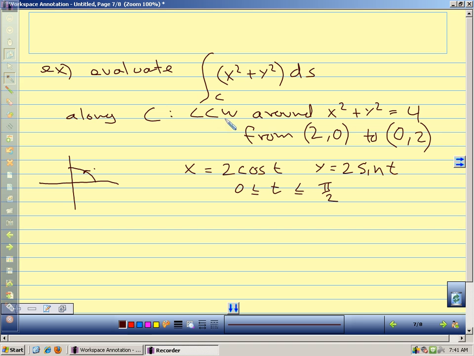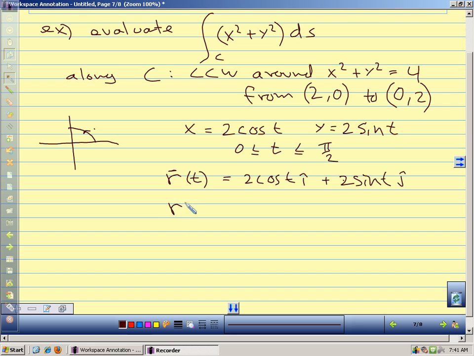So our parameterization for the curve, r of t, is 2 cosine t i plus 2 sine t j. R prime of t is minus 2 sine t i plus 2 cosine t j.